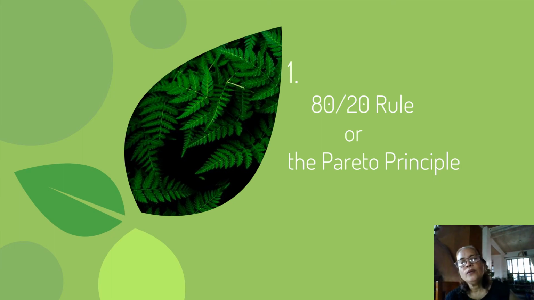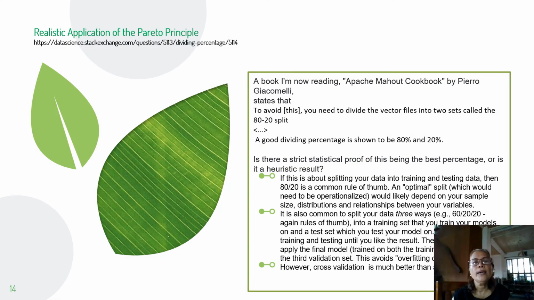Okay, what do we do with the Pareto principle, which is the 80-20 rule? This is a rule of using data such that when you have the complete data set, one part is used for testing the model and the other is used as the actual data for refining the model. So we use the 80-20 rule, known as the Pareto principle.